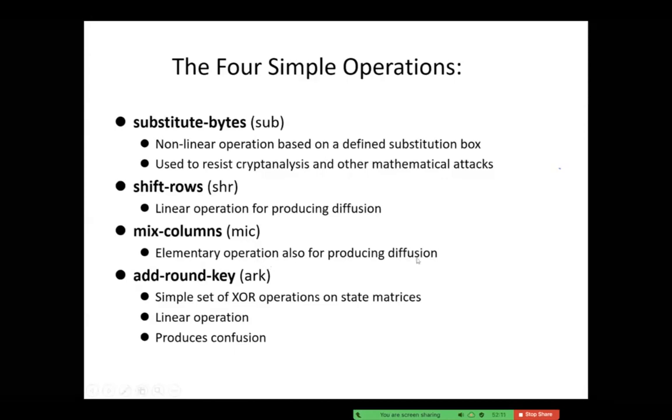operation uses quite a bit of finite field operations. Okay, so here is a diagram. So plain text comes in. You first generate, okay, we use AES 128 as an example.